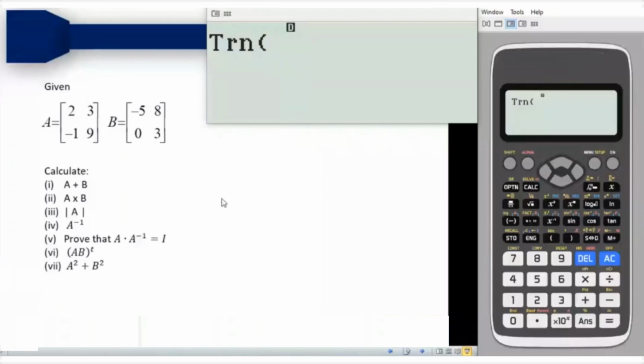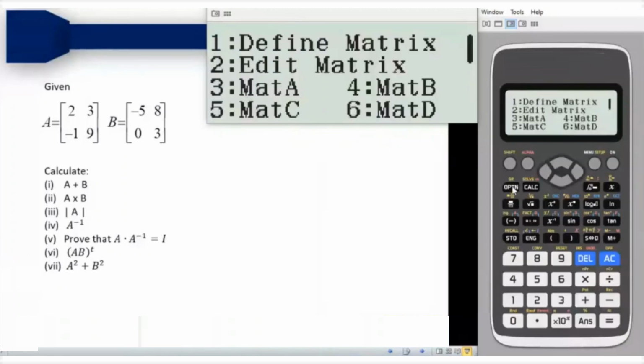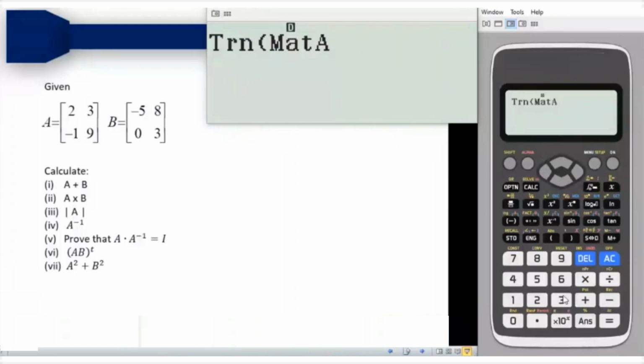So after pressing option, scrolling down and 3, I got transposition bracket open. I will press option again and I will press 3 and I will close the bracket. It means that I want to perform transposition on matrix A, and then I will press equals to.